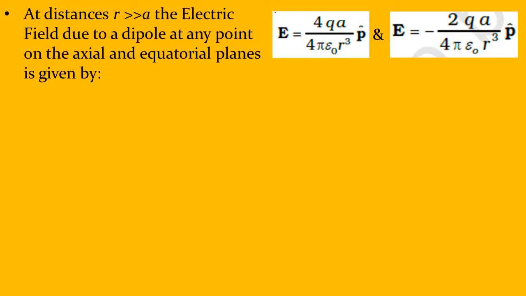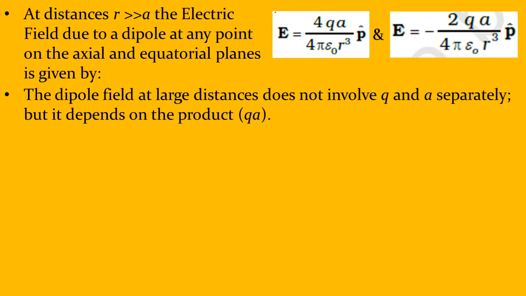And what is the field on the equatorial plane? The field on the equatorial plane is 2qa by 4 pi epsilon naught r cube into p hat. And there is a minus sign because this field is opposite to the direction of the dipole.